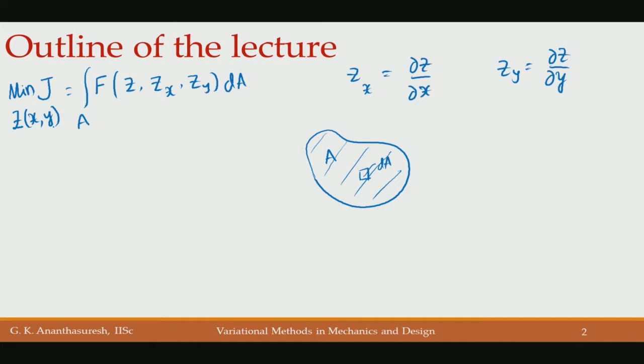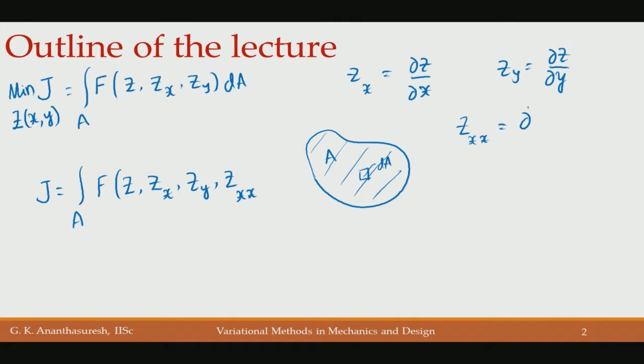We discussed that and the boundary conditions in the last lecture. Today we will do a problem that uses that, and we will also consider a case where our functional, another J, depends not only on zx and zy, but also on zxx. Based on the same notation, you can imagine what zxx stands for.